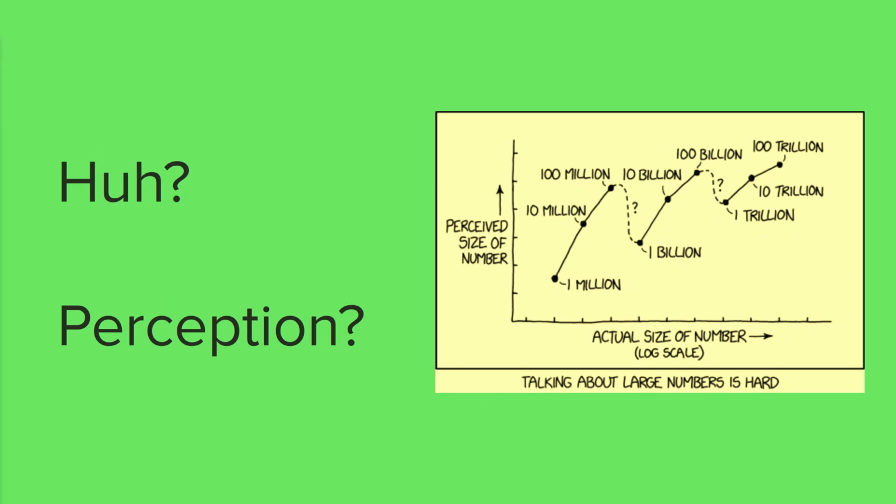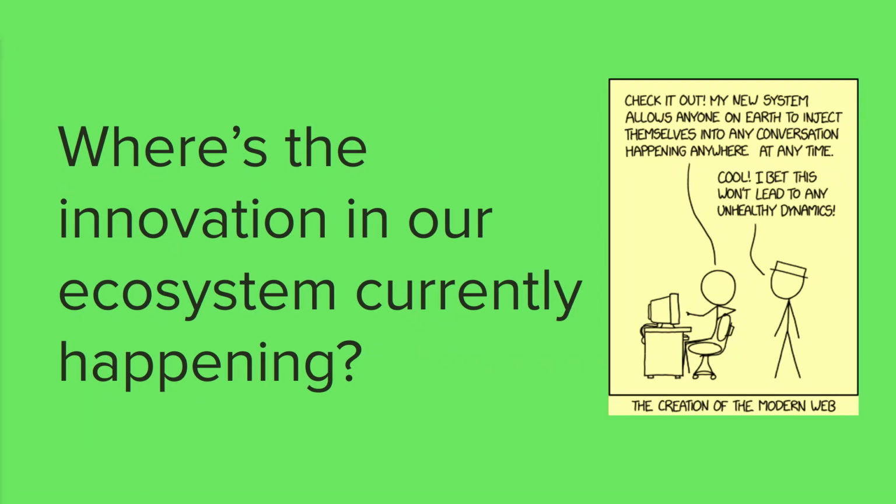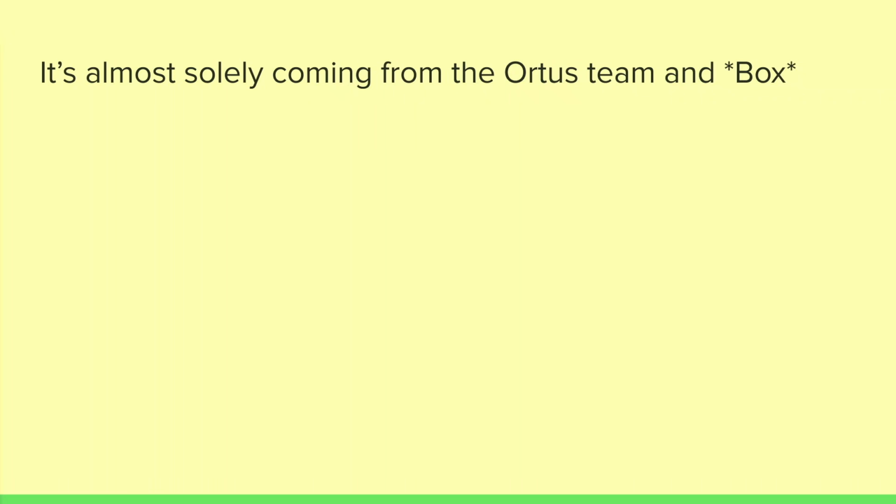And a lot of that perception comes down to innovation, or the perceived lack of innovation, right? So which now means, where's the innovation in our ecosystem currently happening? And when you look at it, it almost solely comes out of Ortus and the Box team. And this is not meant to diss people who work on other projects, but that is the reality.